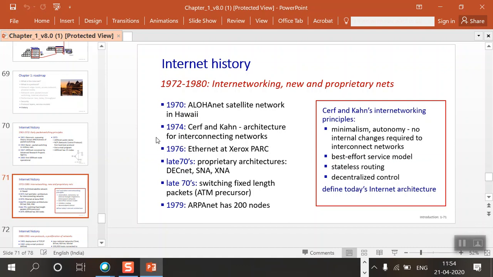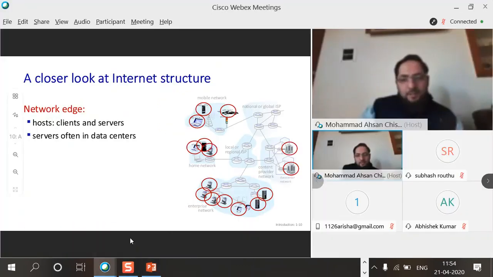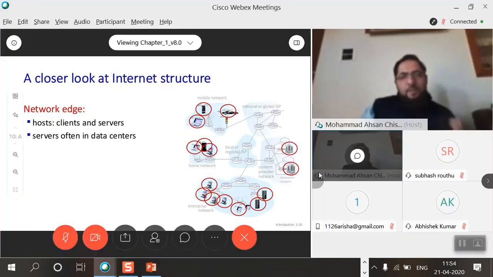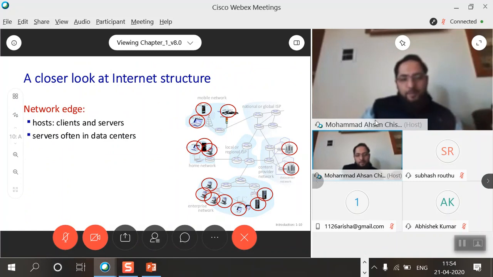A big contribution from Vinton Cerf and Robert Kahn is the architecture, or the basis, that they gave. They mentioned certain terminology which is still defined in the present day internet, like the best effort service model. You might have heard that the internet is a best effort service model. What is a best effort service model?